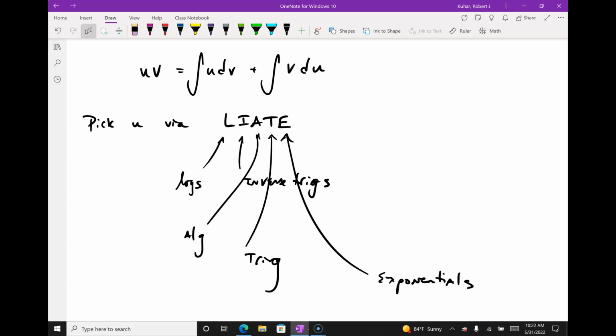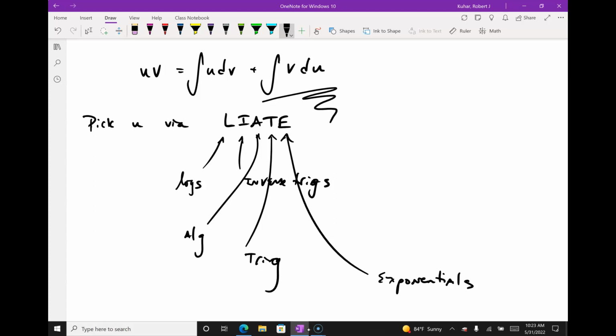The book is saying your v du should not be more complicated than your u dv. Meaning if you pick sine of x, and your dv becomes sine squared of x, that's more complicated. You don't want that.